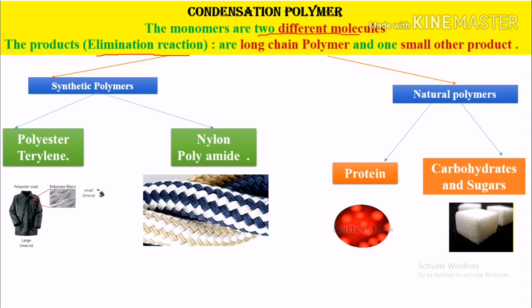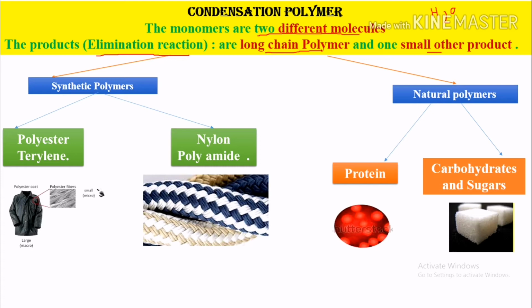All of these are small molecules removed from your compound. So after the elimination reaction we form a long chain polymer and other small products like water, and it is the most important small product in our condensation polymers.